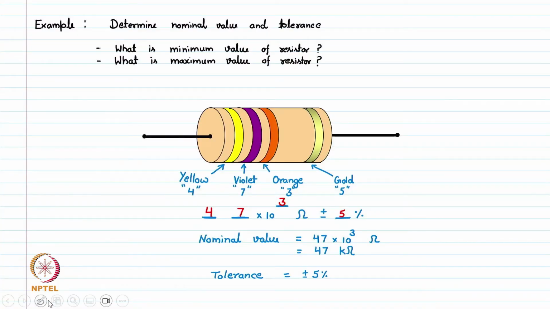So we have the minimum resistance value. For this, we will multiply the nominal value by the tolerance and subtract this from the nominal value.